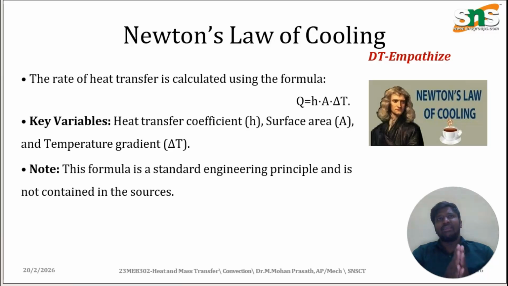It is given by Ts minus T infinity, where Ts is the surface temperature and T infinity is the fluid temperature. h is the heat transfer coefficient and A is the area.